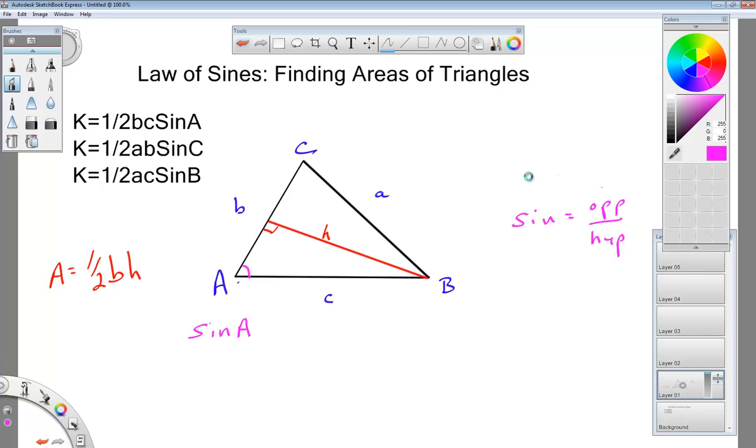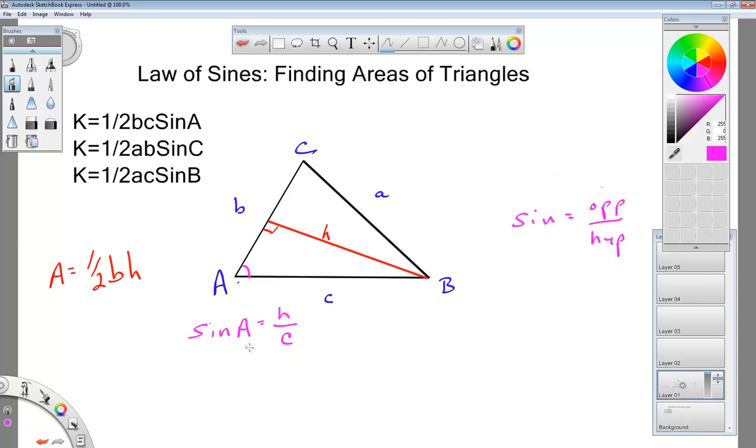Sine is opposite over hypotenuse. So if we just look at this little triangle formed here where I'm outlining, the side opposite this pink angle A would be h, and the hypotenuse would be this side, the side opposite the right angle, so that would be c.